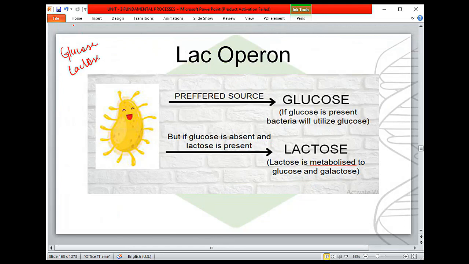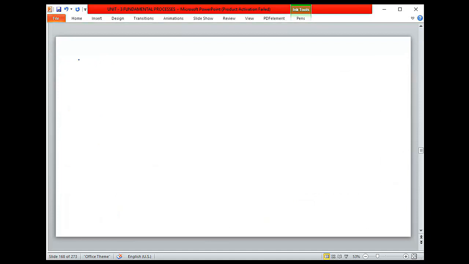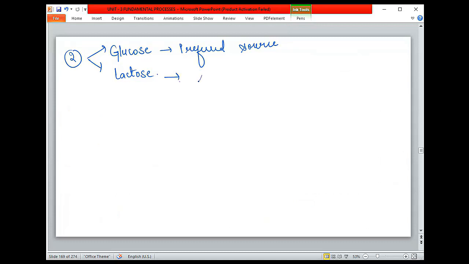Now understand it logically. So there are two sources, glucose and lactose, right? Remember that glucose is the preferred source and lactose is a secondary source.